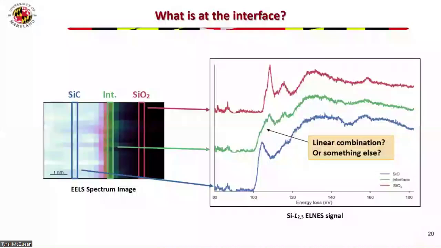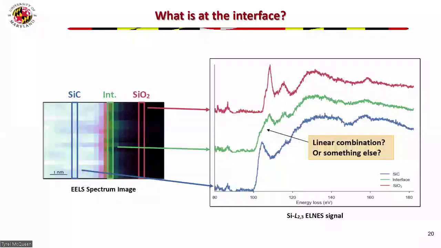All these regions have the same spectrum. And in the silicon dioxide, we see this other spectrum. So you can define that there are only 3 components in this case. And the question is whether the one at the interface corresponds to just a linear combination of the 2 from silicon carbide and silicon dioxide, or is it something else?